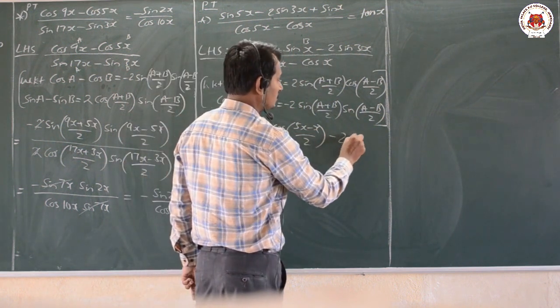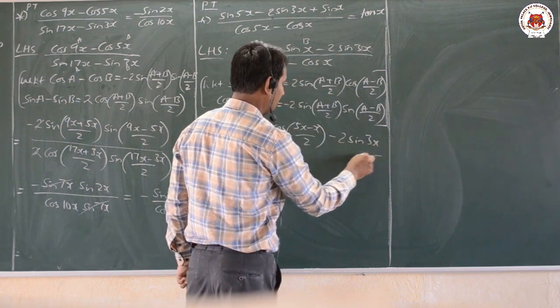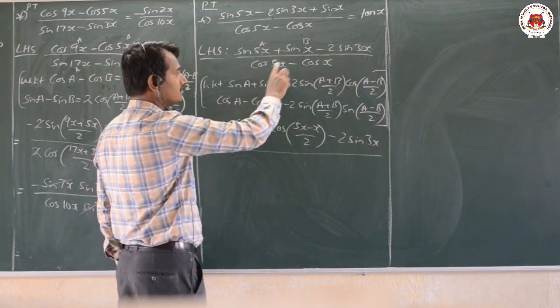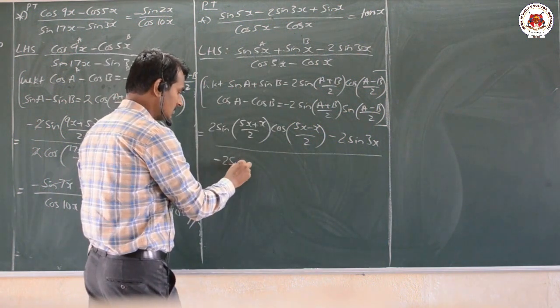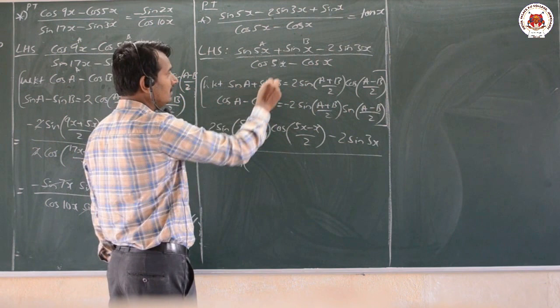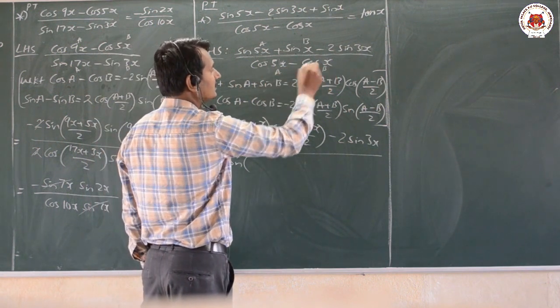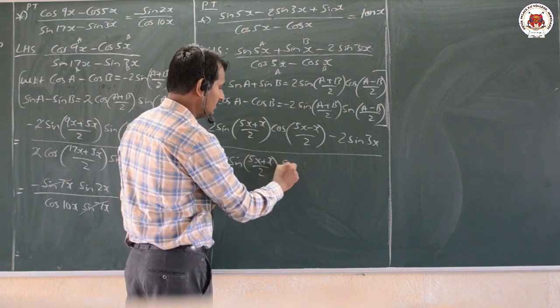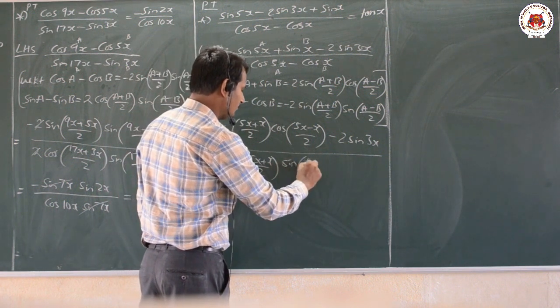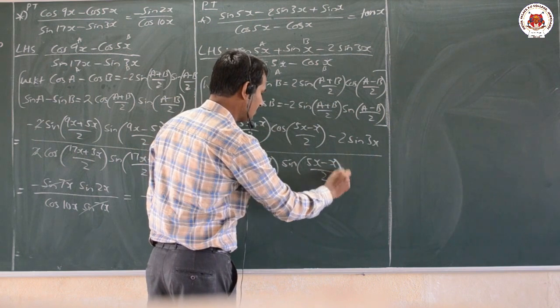The numerator is this, and it is divided by cos A minus cos B, which is equal to minus 2 sin of (A plus B) by 2. What is A here? 5x, and B is nothing but x here. That is 5x plus x by 2, into sin of 5x minus x by 2.